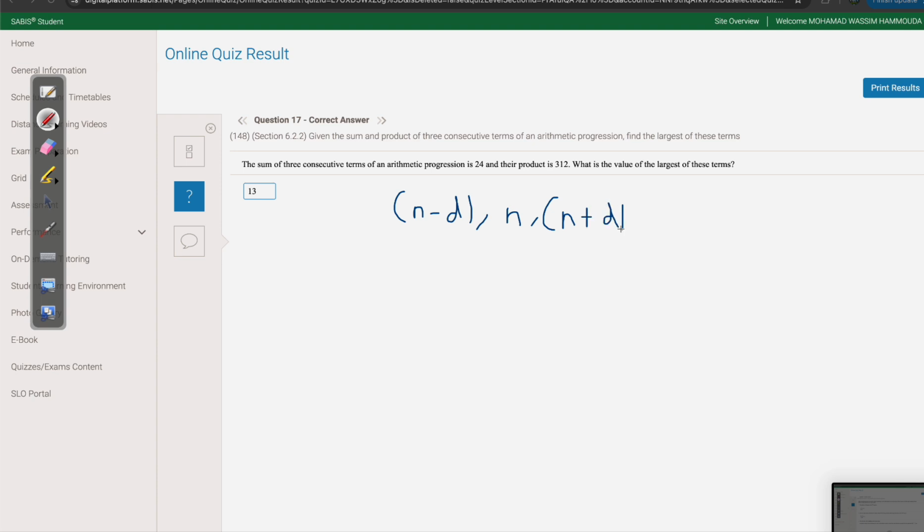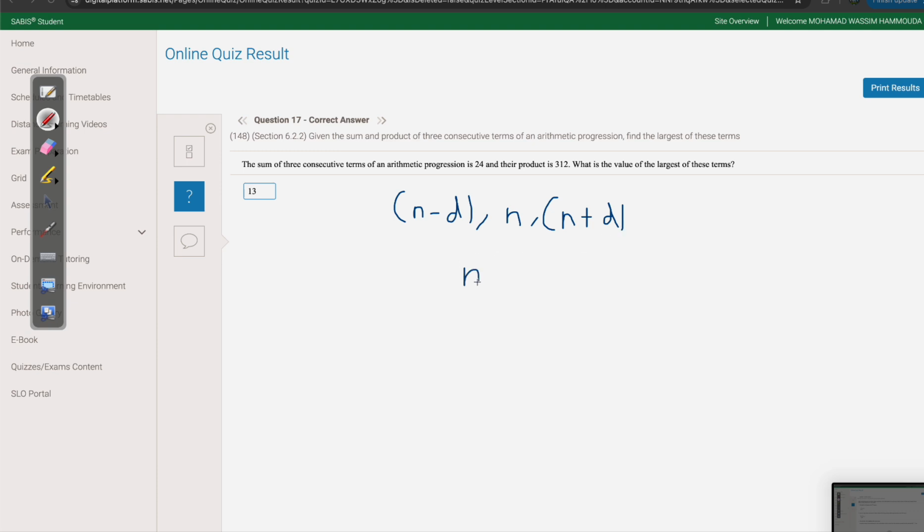What we are going to do in this case is finding n.